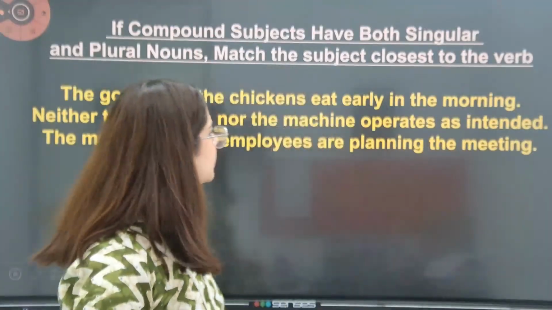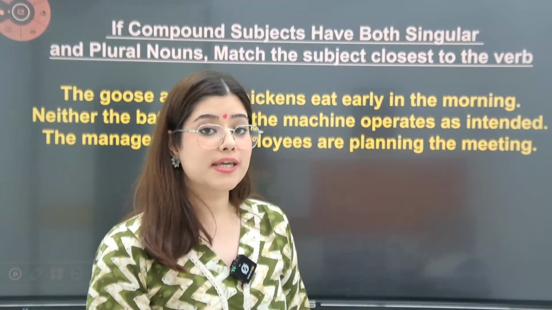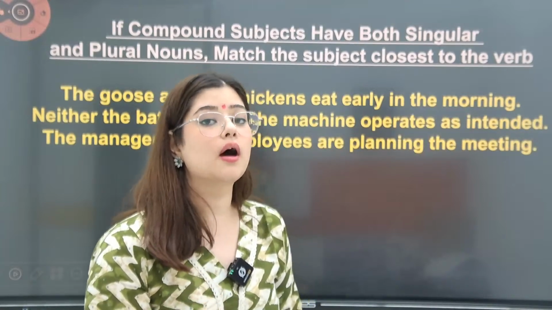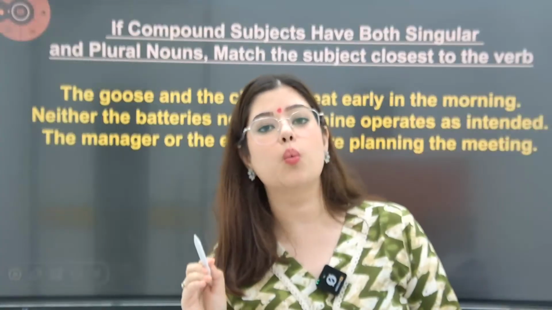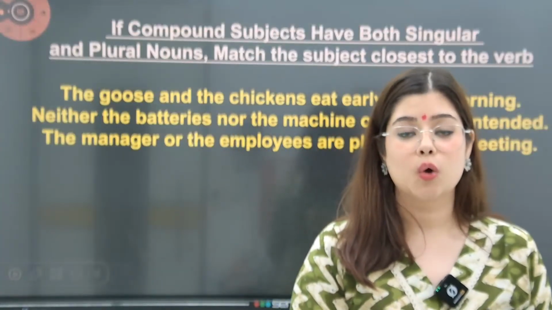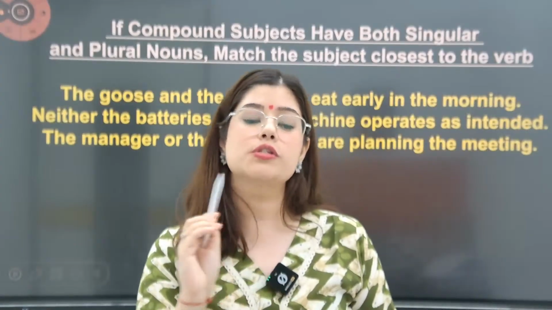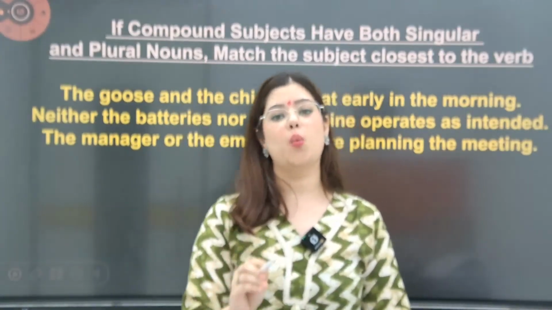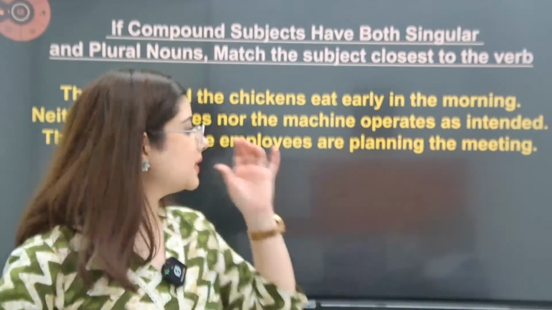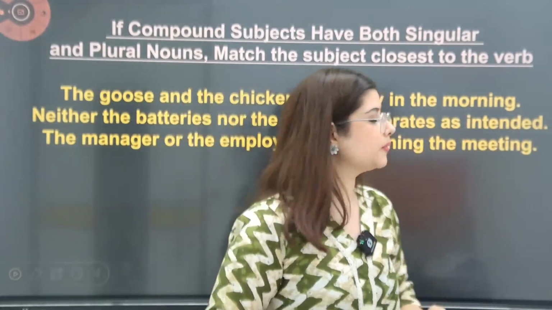In that case, we are going to consider the subject which is closer to the verb. If the subject closer to the verb is plural, we'll take up a plural verb form. If the subject closer to the verb is singular, we'll take up a singular verb form. As simple as that. Let's have a look at the first statement.